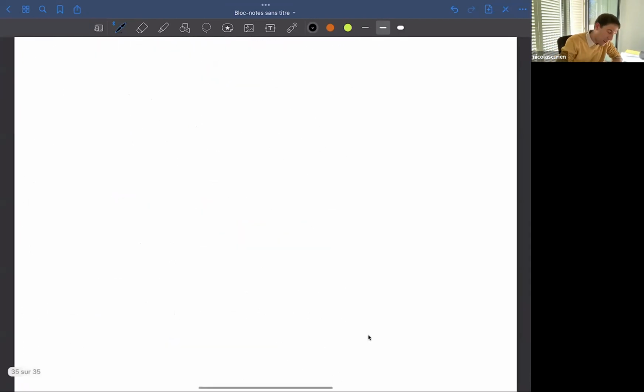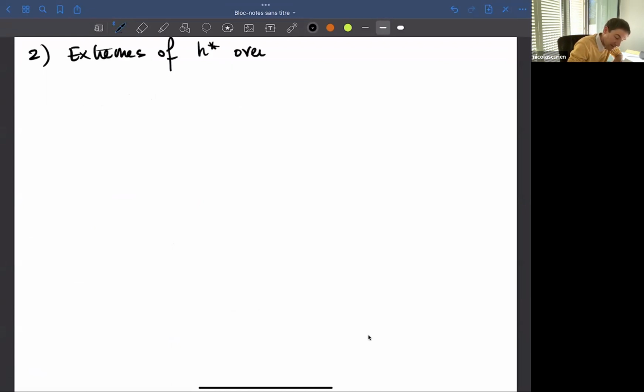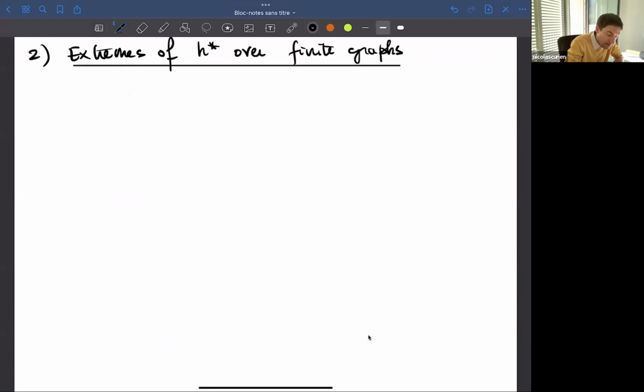So what do I have for finite graphs? Let's look at extremes of the Cheeger constant over finite graphs. By the way, if something is not clear or if I go too fast or too slow, do not hesitate to interrupt me.